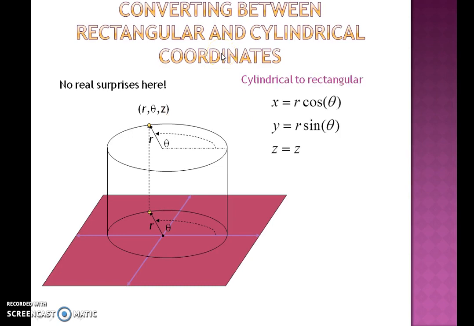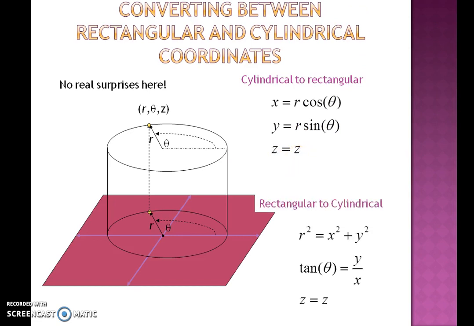Now the conversion between the rectangular and cylindrical coordinate systems. The rectangular coordinate system has the coordinates X, Y, Z, while the cylindrical coordinate system has the coordinates R, theta and Z. If you know the point in cylindrical coordinates, that is, the values of R, theta and Z, convert it into rectangular coordinates by writing the equations X is equal to R cos theta, Y is equal to R sin theta and Z is equal to Z as it is.